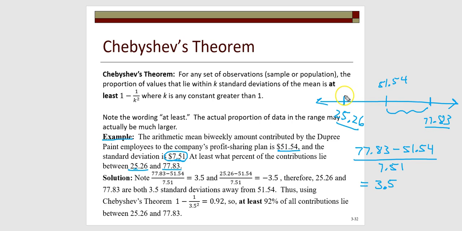Now to apply Chebyshev's theorem, this quantity right here, the 25.26, would also have to be 3.5 standard deviations away from 51.54, or else we couldn't apply Chebyshev's theorem. And that is the case. If you check out 25.26 minus 51.54, and you divide that by 7.51, you will see that you do get negative 3.5.